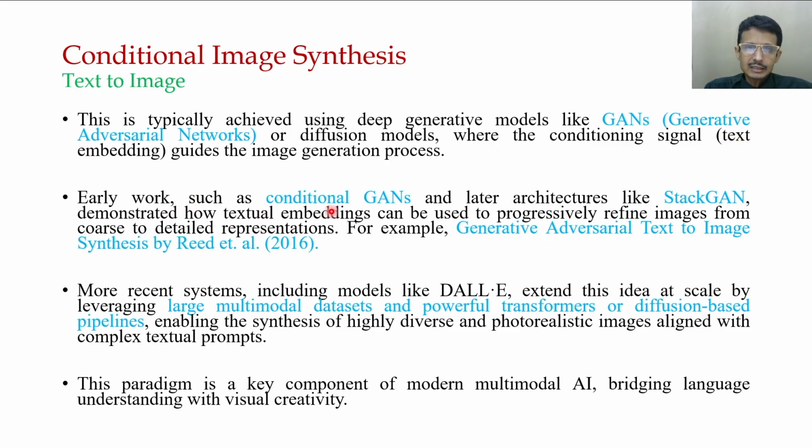Early work such as conditional GANs and later architectures like StackGAN demonstrated how textual embedding can be used to progressively refine images from coarse to detailed representation. For example, generative adversarial text to image synthesis is very much this. More recent systems, including models like DALL-E, extend this idea at scale by leveraging large multimodal datasets and powerful transformer or diffusion-based pipelines, enabling the synthesis of highly diverse and photorealistic images aligned with complex textual prompts.